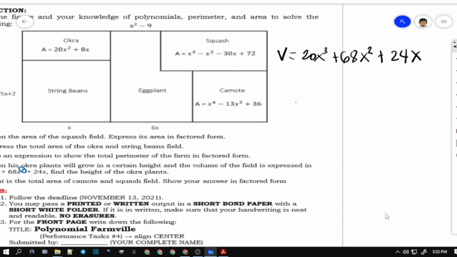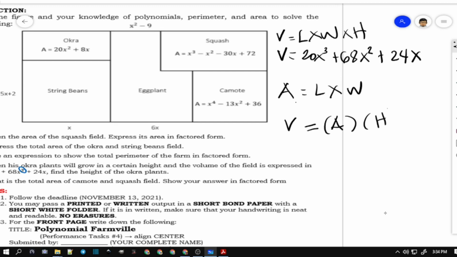So, technically, volume of a rectangular object is equal to length times width times height. Okay? So, V is equal to length times width times height. That means length times width is equal to area. So, the volume now is equal to the area multiplied by the height. Okay?